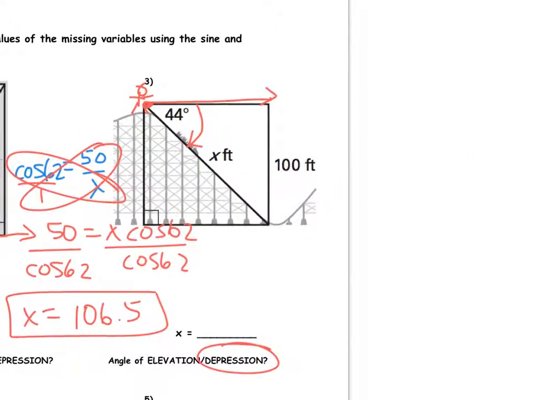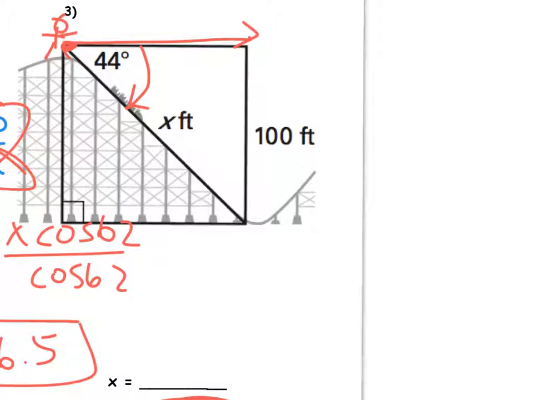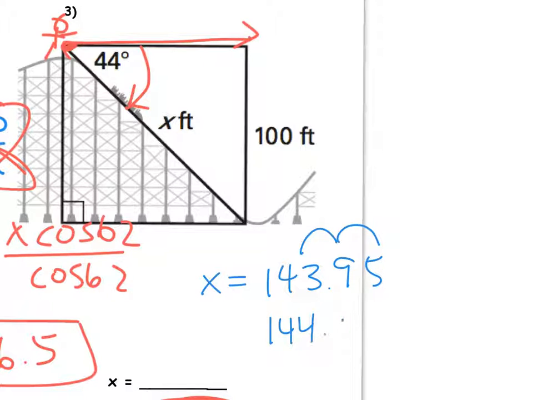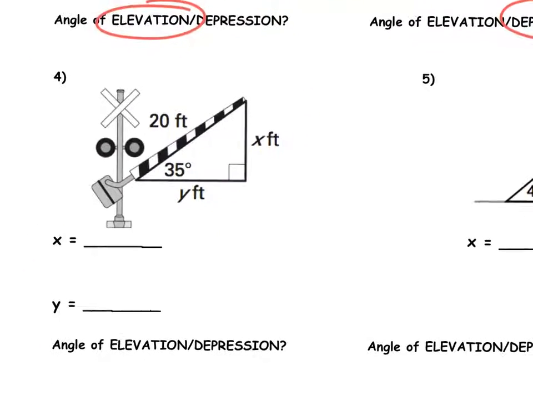Number 3. Try this one on your own or with people at your table. See what you get. All right, so it looks like people are getting 143.95, the 5 rounds up. So 144.0 is better. All right, we're going to do one last one together, and I'll probably just focus on setting it up.